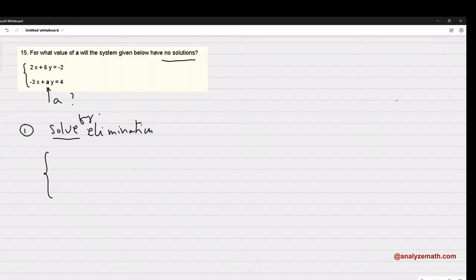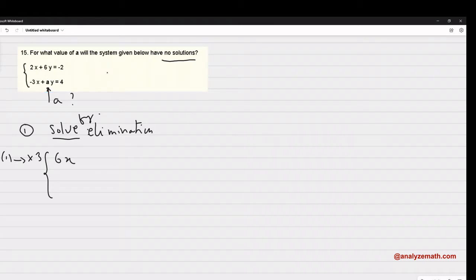Now we can see that we have 2x here, negative 3x here. So if you multiply the first one by 3, the second one by 2, so the first one, number 1 multiplied by 3 gives me 2x multiplied by 3 gives me 6x. So I am multiplying all the terms here by 3.